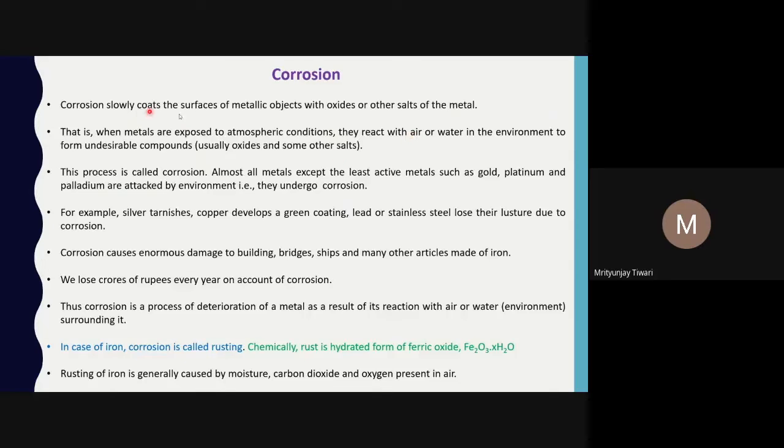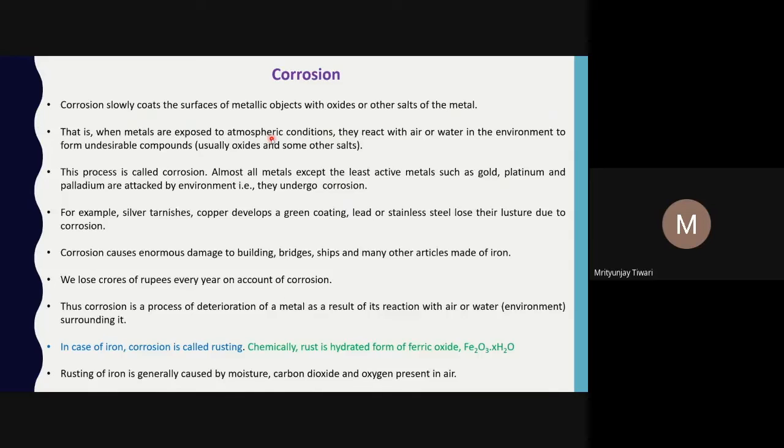So corrosion slowly coats the surfaces of metallic objects with oxides or other salts of the metal. In the chemistry of S block elements, we have seen the coating of metal oxides, particularly magnesium and beryllium oxides. They do not react more with oxygen because very immediately it forms an oxide layer, and it doesn't react with the vapor.